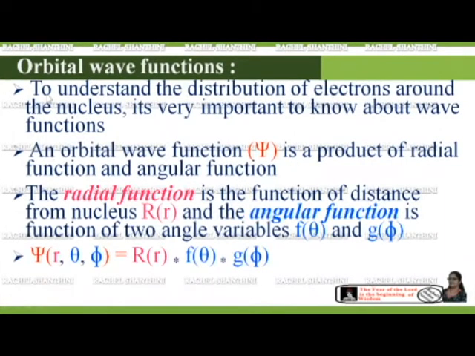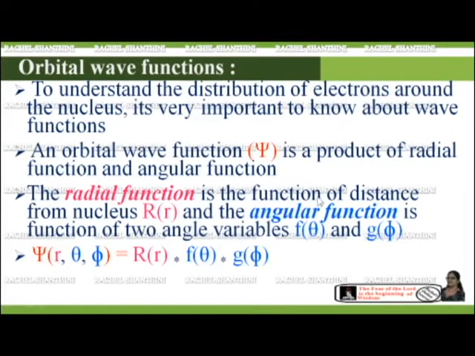Orbital wave function. To understand the distribution of electrons around the nucleus, it's very important to know about wave function. An orbital wave function psi is a product of radial function and angular function. The radial function is the function of distance from nucleus.